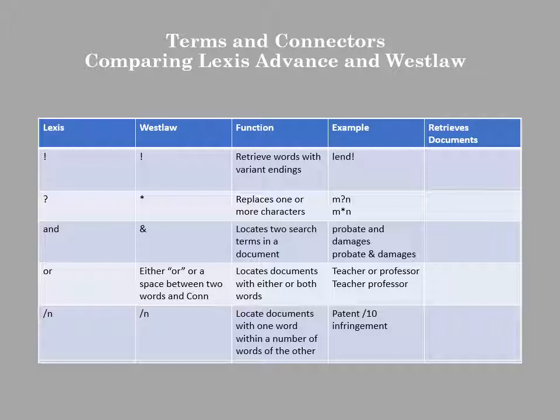In Lexis, it's actually just a space between two words makes or you can use or, but a / and an N means that you are looking for one particular word within a certain number of words of another word. So for example, if you were looking for patent infringement, and you're looking for any time that patent and infringement are within 10 words of each other, you'd put patent / 10 infringement.